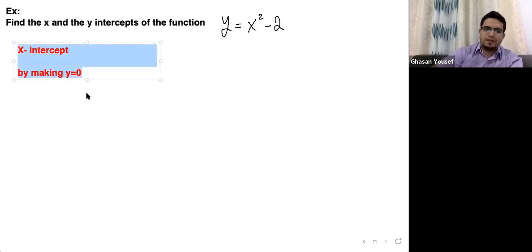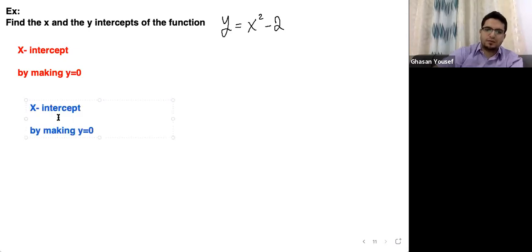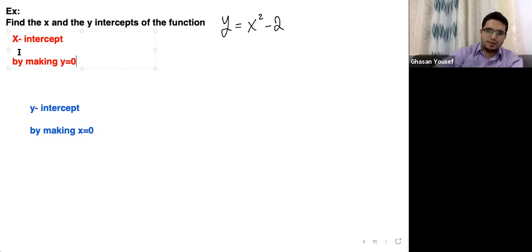And how can I find the y-intercept? x equals 0. This is correct, Matthew. Next time, we're going to solve this example, and I will show you step by step how we can find the x and y-intercepts.